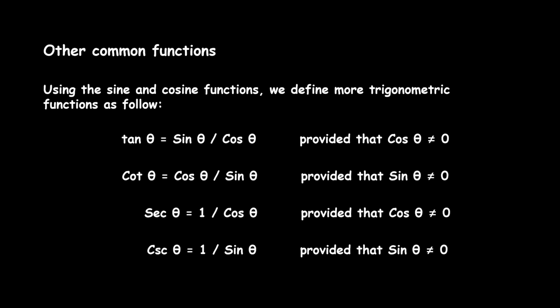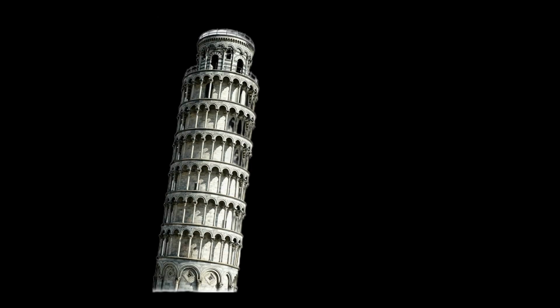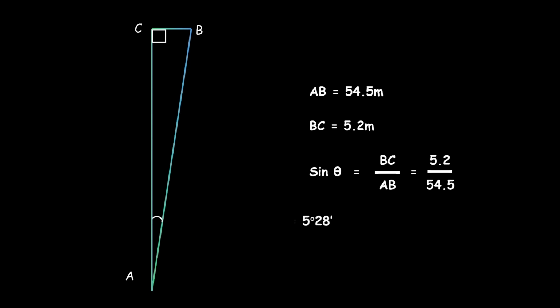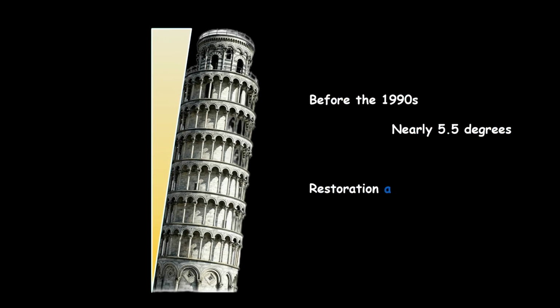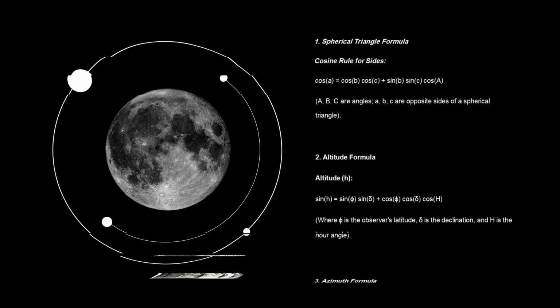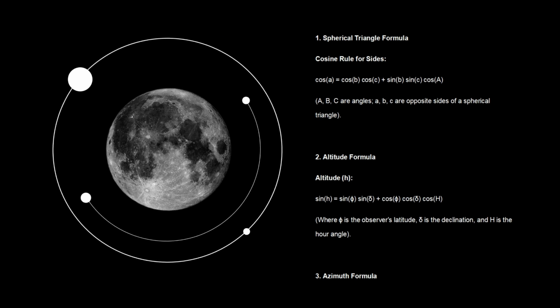Now, let's return to our initial question. What is the angle of the Leaning Tower of Pisa? Using trigonometry, we determined that its angle was nearly 5.5 degrees. Trigonometric functions play a crucial role in astronomy, especially in calculating celestial distance and position.